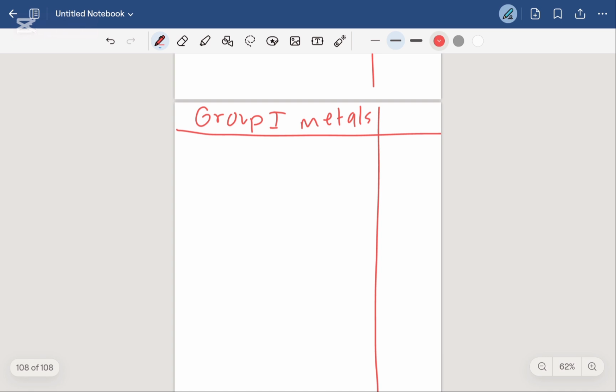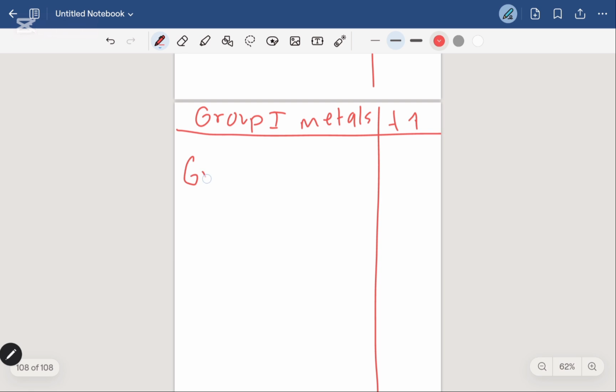So Li+ is a simple ion, so its oxidation number is equal to its charge. However, if we are talking about a compound, for example Li2CO3, the charge of the Li in this ionic compound is going to be +1.